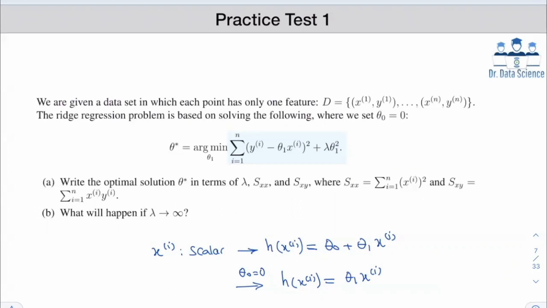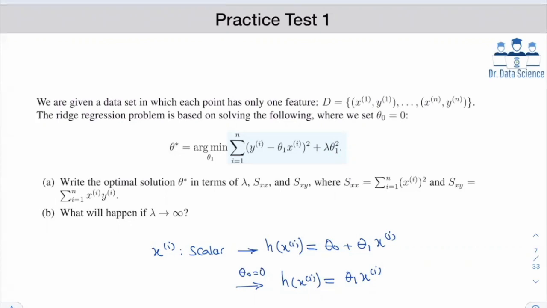The second part of this question asks what will happen if lambda goes to infinity, meaning that lambda is a large number. Obviously, if we set lambda equal to 0, we totally get rid of this term, and that's very similar to the mean squared error that we just had. But we want to see what happens when we add this extra term.